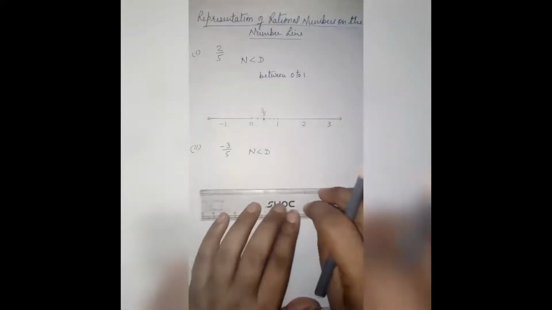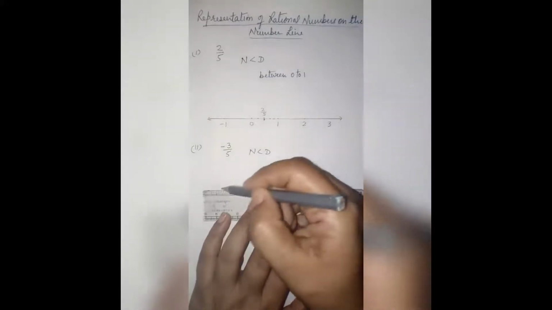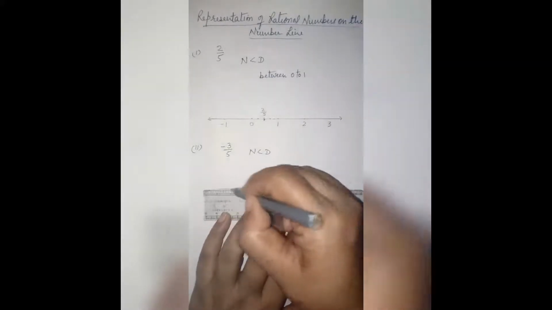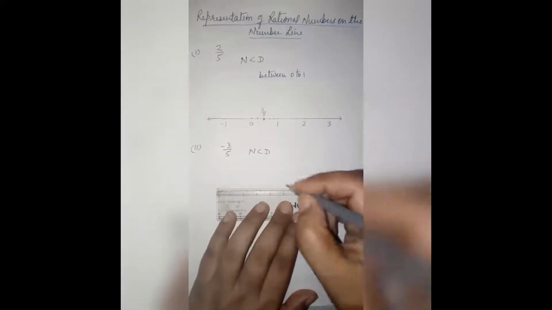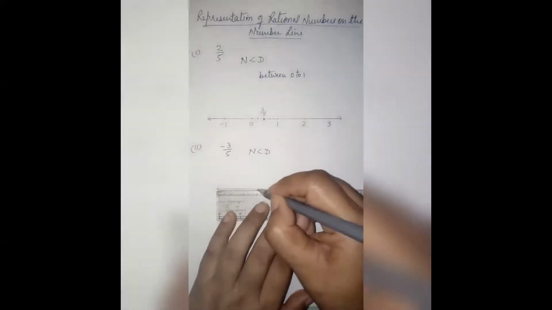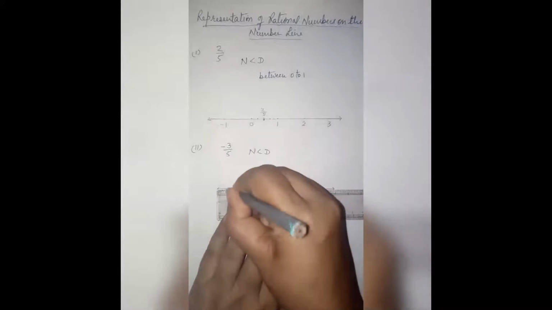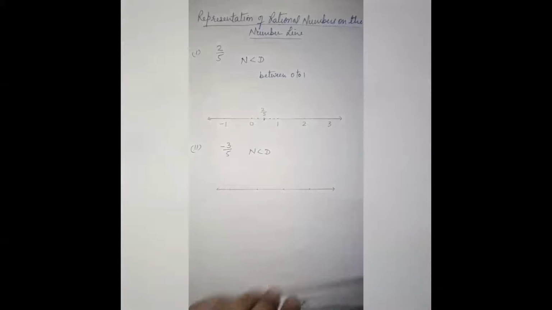Now, I'll draw the number line first. You will draw it in this way. Afterwards, here I am taking 0, here minus 1, here minus 2, and here 1. Here only 1 is enough.